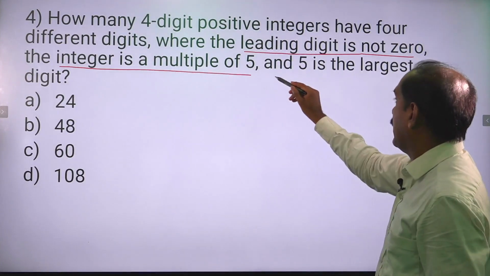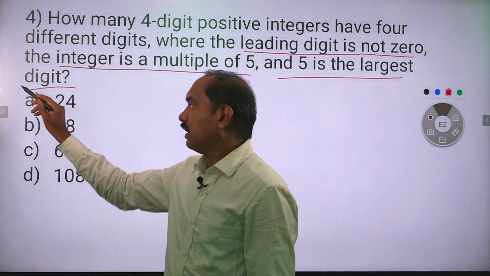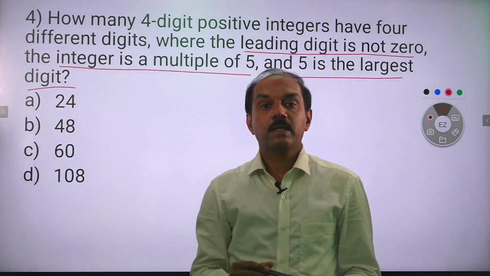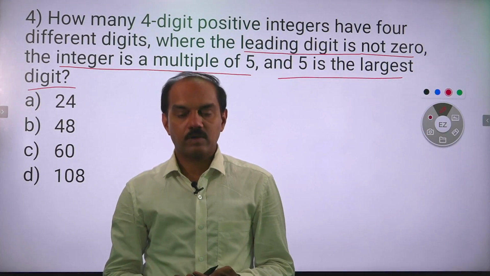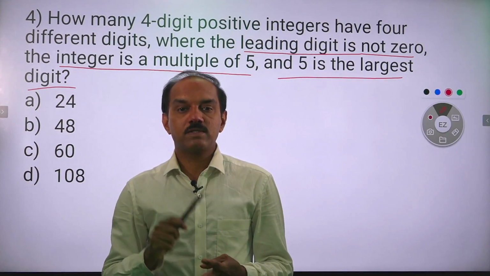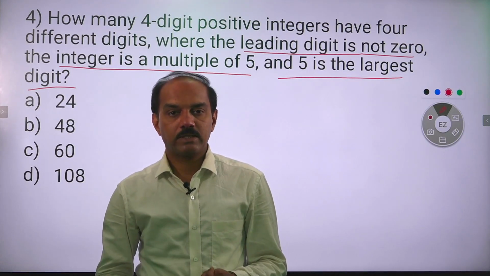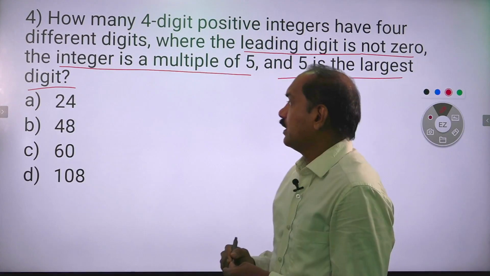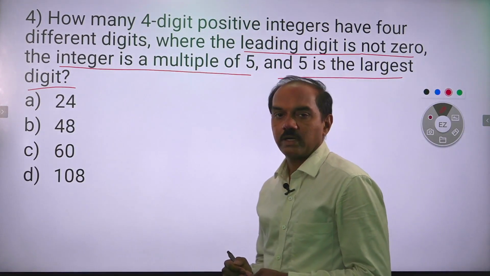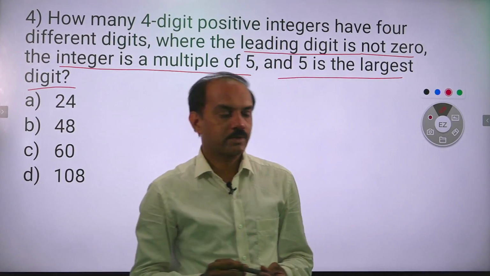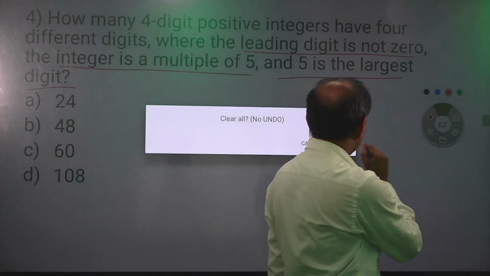Okay, and 5 is the largest digit. What is the meaning? You are not allowed to use 6, 7, 8, 9. Okay, so we are allowed to use 0, 1, 2, 3, 4, 5. That is the max, right? And your options are 24, 48, 60, 108. These are the options. Now let's see how to solve this problem.